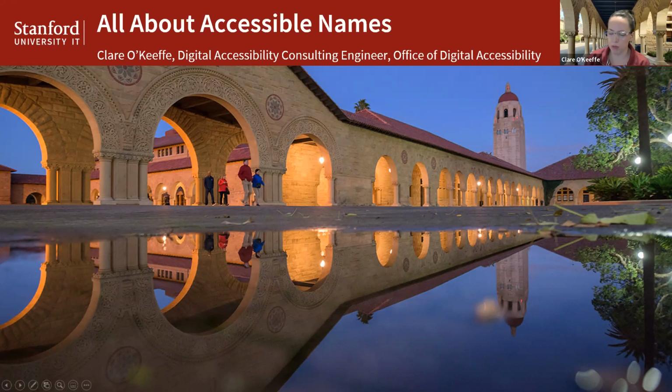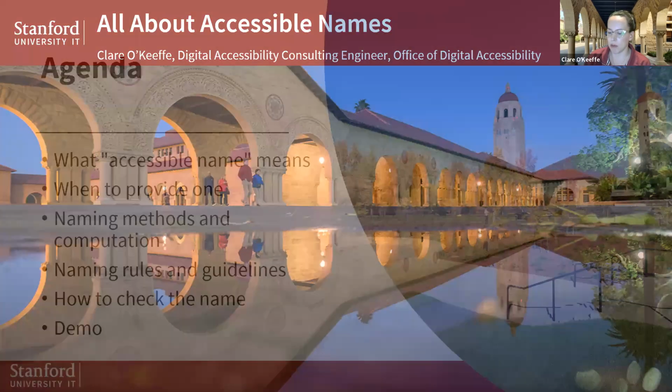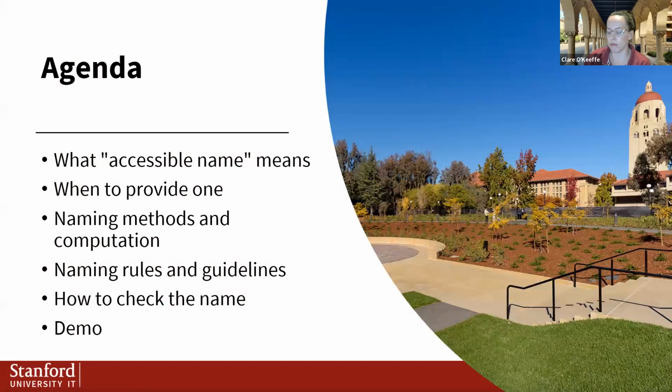So I wanted to do this presentation to give more of an overview and some detail about what accessible name means. So what we're going to cover is, what does accessible name mean? When do you need to provide one for elements? Different ways that you can name elements and how the name is computed or calculated.